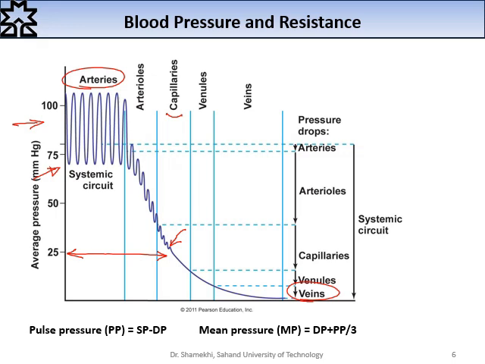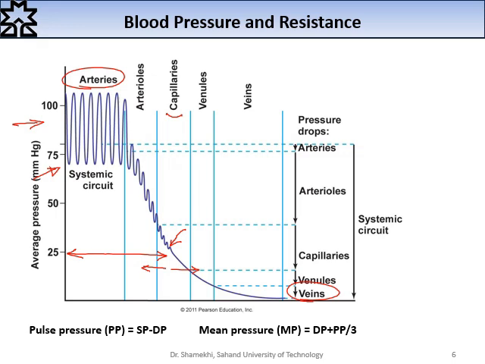At the border, on the left side is the arterial capillaries, and on the right side the venous capillaries.